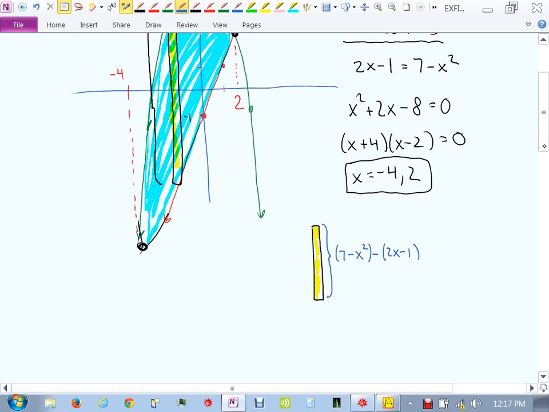I don't need the parentheses around the 7 minus x squared, but I do need them around the 2x minus 1. So this will result in 7 minus x squared minus 2x plus 1. Let's collect things together. Negative x squared minus 2x plus 8.